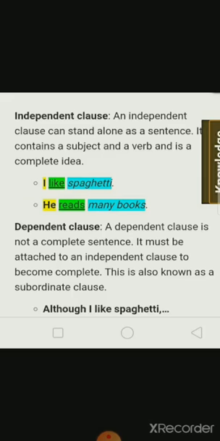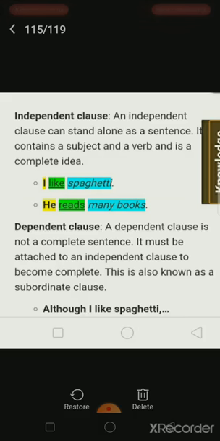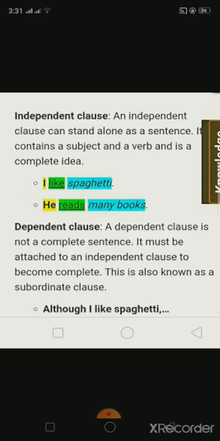What is a dependent clause? A dependent clause is not a complete sentence. It must be attached to an independent clause to become complete. This is also known as the subordinate clause. For example, although I like spaghetti, this sentence is incomplete. Here we cannot conclude what the main idea of the sentence is.